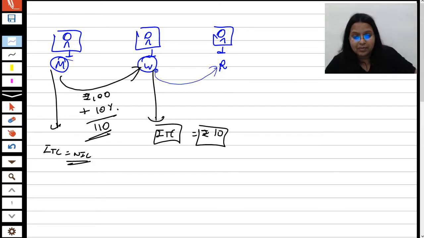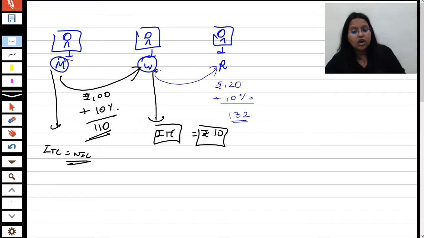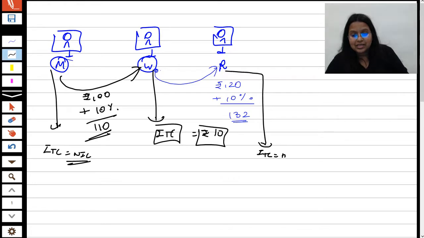It means now the retailer is paying to the wholesaler rupees 120 as the cost of the product, plus the wholesaler has charged 10% GST. So the total price is 132 rupees. It means for the retailer, the ITC is 10% of 120, that is rupees 12.